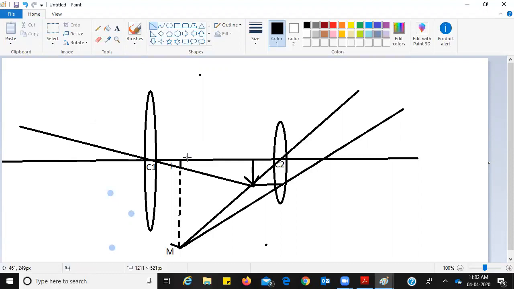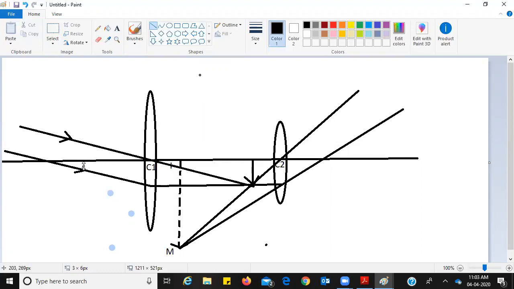And the second line, parallel to the principal axis, strikes the objective lens and then passes through the focus of the objective lens. It should be parallel to the emergent ray. Practice one or two times at home with this rule. I think this will be very fine then.